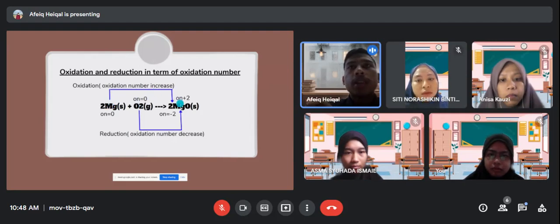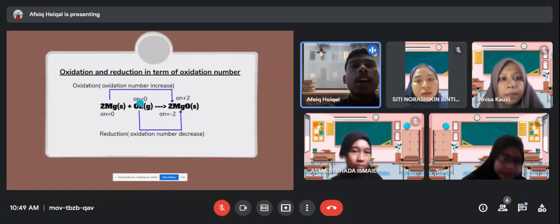From magnesium it becomes magnesium oxide, which is an ion, and the magnesium is 2+. So from zero it changed to +2, so it is recognized as oxidation because the oxidation number increased.